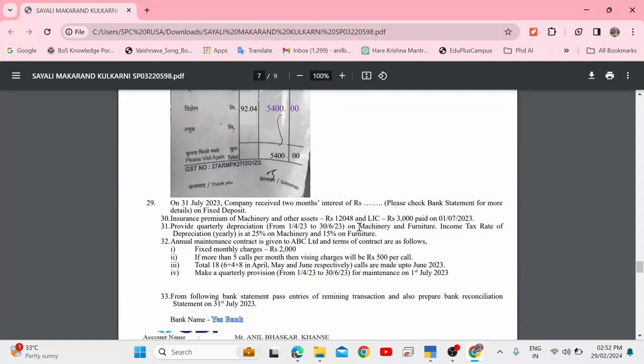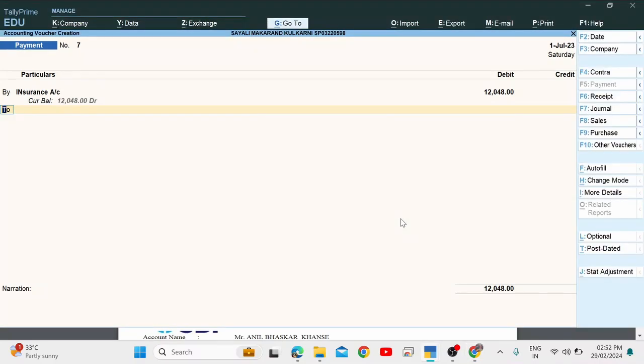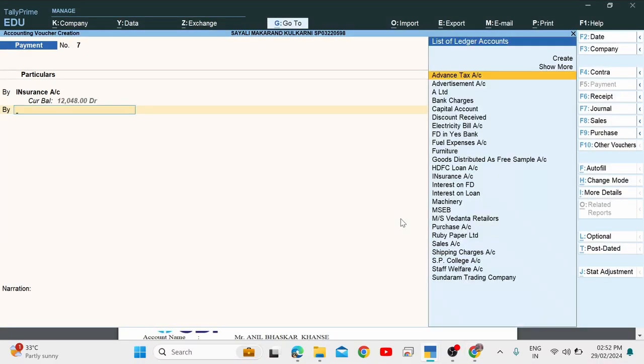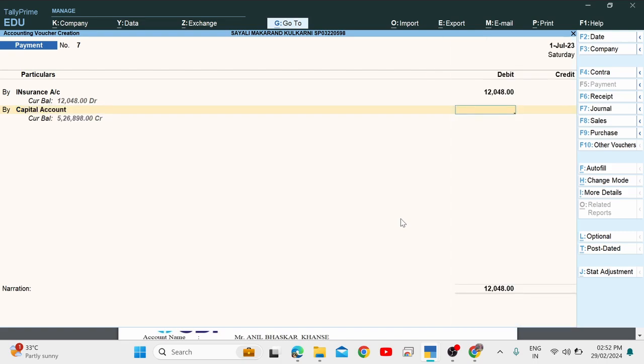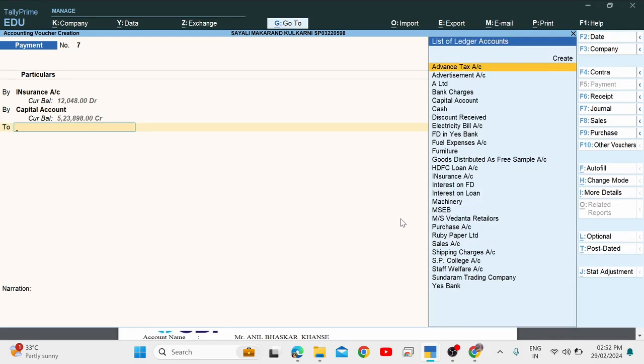Here, 3,000 for LIC has also been paid, so one more entry here, say capital or drawings. If you want to create a drawing account, welcome. If not, if you're already bored with so many accounts, then just select capital account. That is also correct. And then how much capital should you reverse? 3,000 rupees.